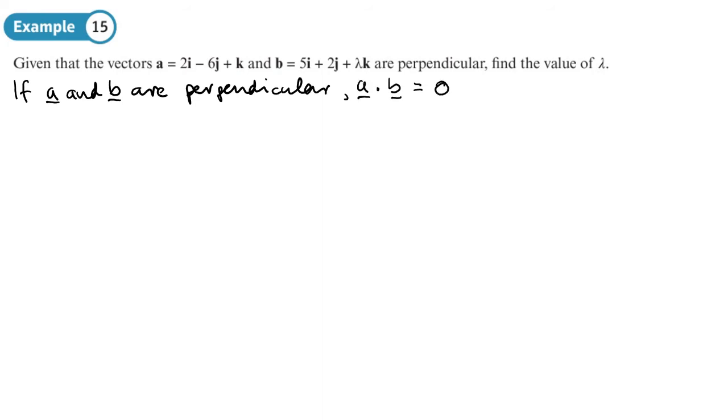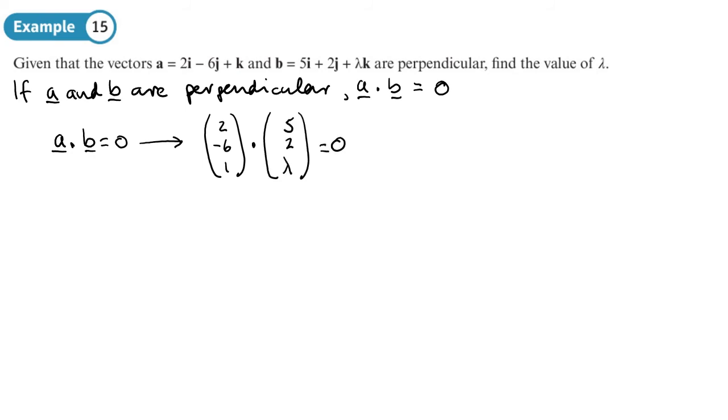equals 0. Now if A dot B equals 0, what that means is that 2 times 5 plus -6 times 2 plus 1 times lambda equals 0.